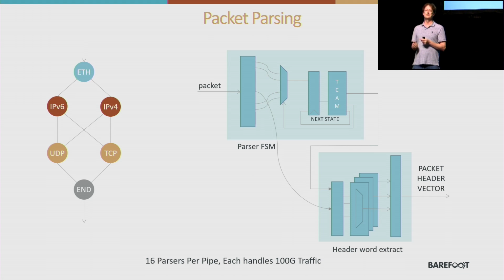These words come in 8, 16, and 32-bit sizes, but other than that, they're all treated identically by the hardware. So when parsing is finished, the individual packet header vector is muxed together with the results of all 16 parsers that feed a pipe, and it's ready for match action processing.